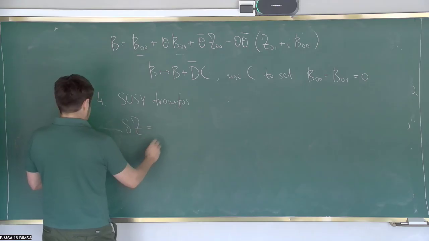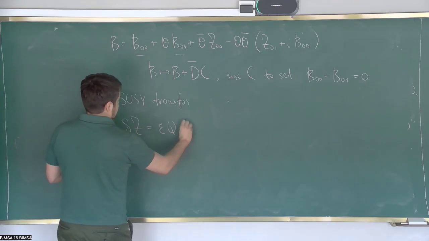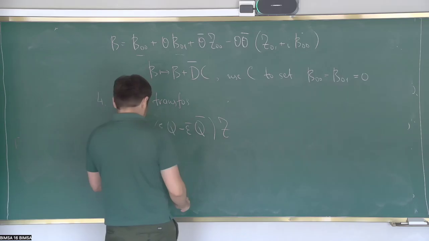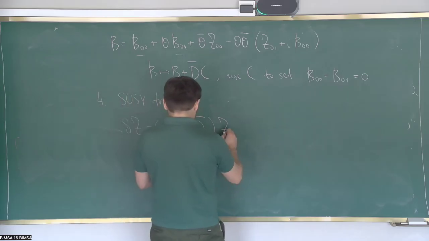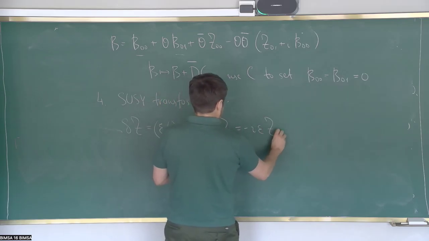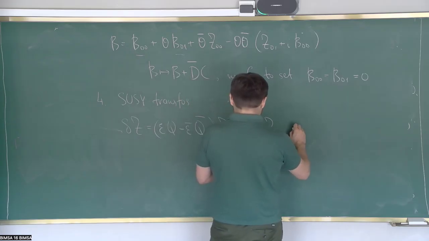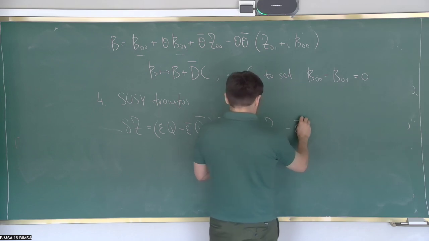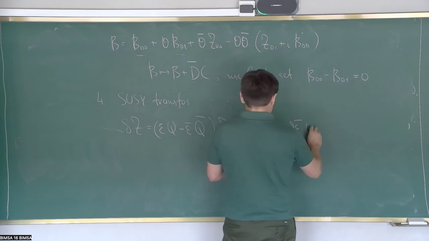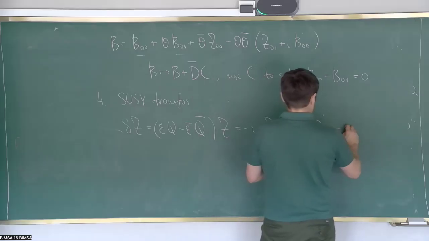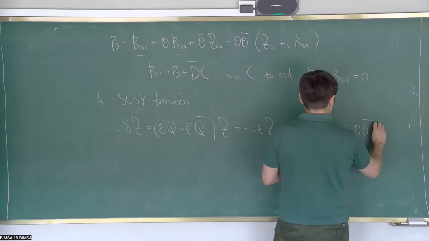So this is delta Z, that is epsilon Q, epsilon bar Q bar acting on Z. And this gives minus epsilon Z0,1 minus epsilon bar theta dot minus epsilon theta theta bar Z0,1 dot.